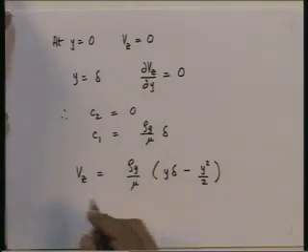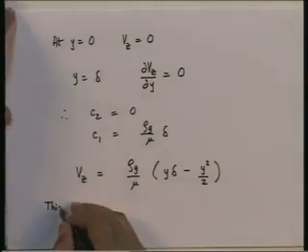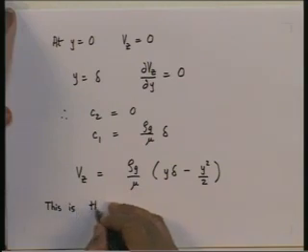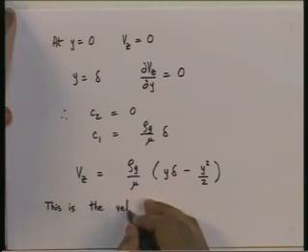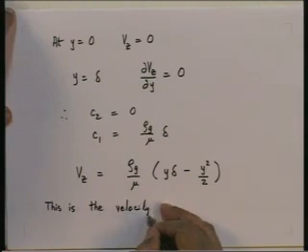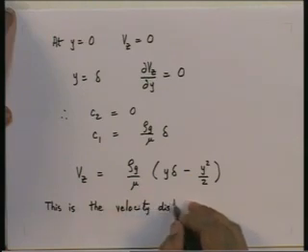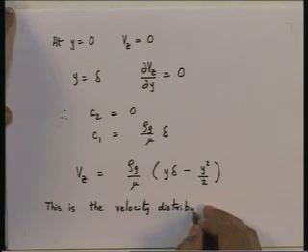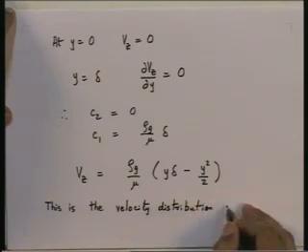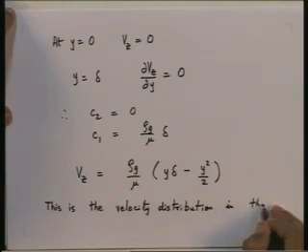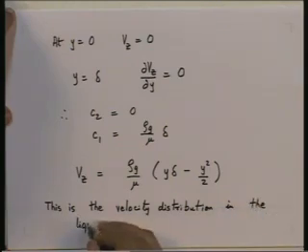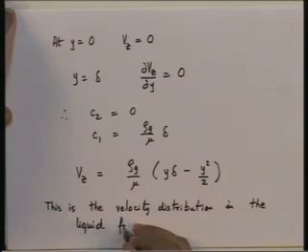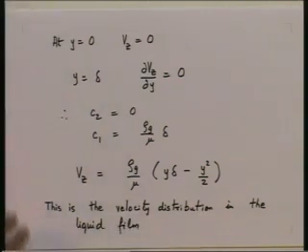This is, let me write that down, the velocity distribution in the liquid film. Vz equal to 0 at y equal to 0 and dVz dy equal to 0 at y equal to delta.